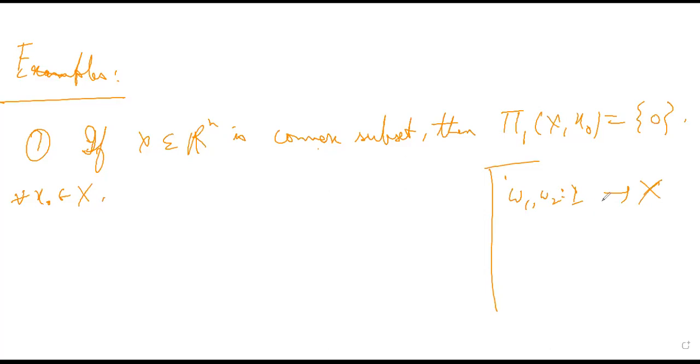Any loop is homotopic to a constant loop at the fixed point. It means all the loops based at a fixed point are homotopic, so there is only one homotopy class of loops at any fixed point x naught. It means your group is the trivial group.